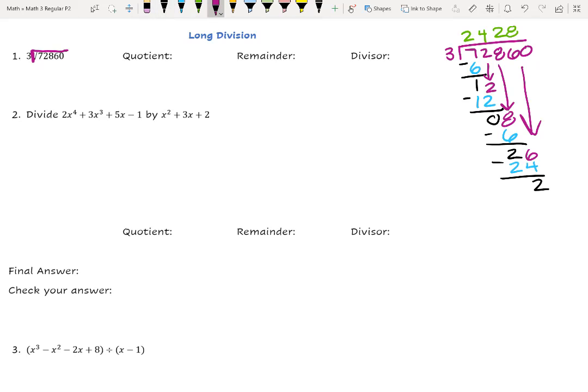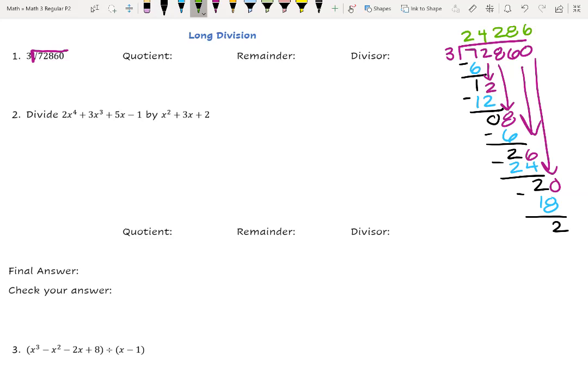And then I've got one last digit left. I've got the 0. So how many times does 3 go into 20? So 3 goes into 20 6 times. 6 times 3 is 18. So I'm going to put that under there and subtract yet again. So my 20 minus 18 is 2.